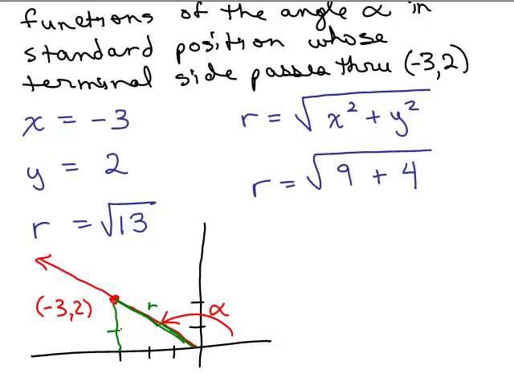This is 3 spaces, this is 2 spaces, and so r is the square root of 13. But you don't need to draw that to get the answer, all right? We know that x is -3, y is 2, and r is the square root of 13. So we're going to use these values now to state what the trigonometric values are.